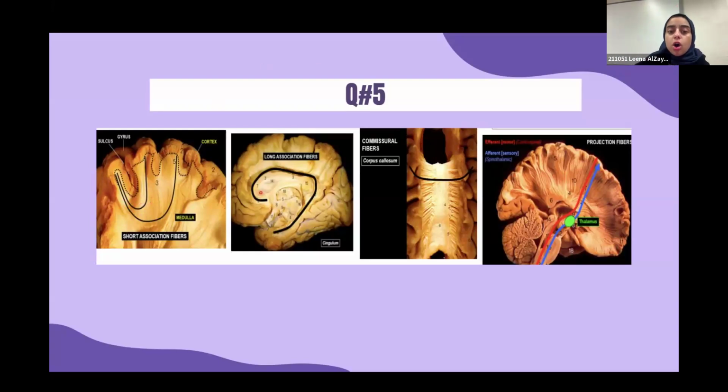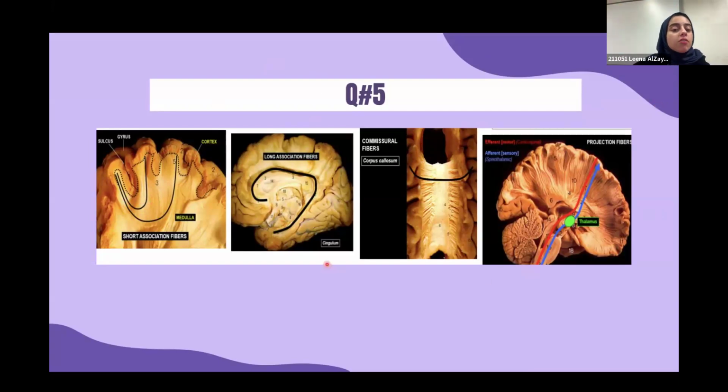On the other hand, the long association fibers connect areas within one cerebral hemisphere, but they travel all the way, kind of like a circle from the back, as you can see over here. The commissural fibers connect the right and the left hemisphere together. And then we have the projection fibers, which bring information up and down, like the ascending tracts and the descending tracts.